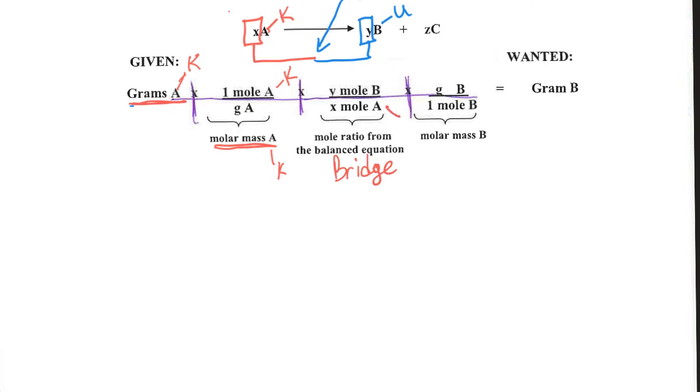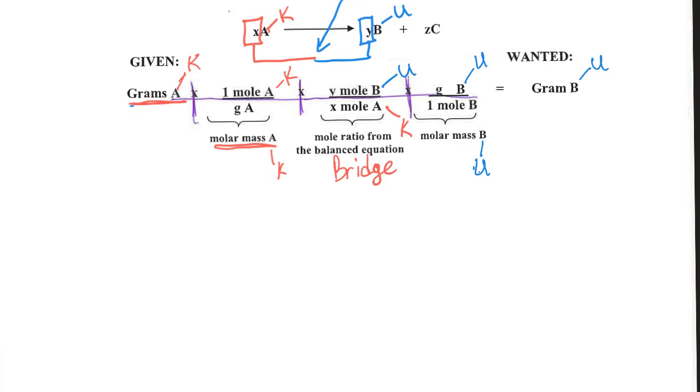We've got our known, and we're going to have our unknown on the top. To finish this problem, you're going to need to have the molar mass again, which means grab your periodic table, and this time you're going to be calculating the molar mass of the unknown. And you'll have 1 mole of the unknown is this many grams. So the molar mass in grams is going on the top. And when you're finished, that's going to give you the unknown number of grams.